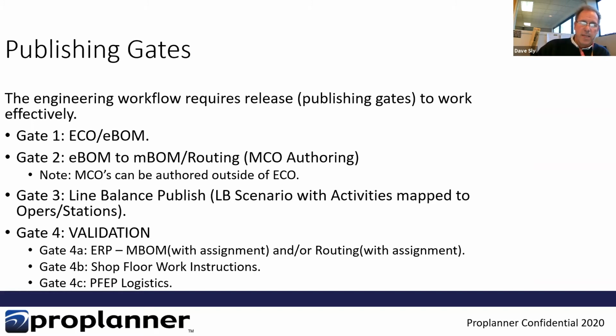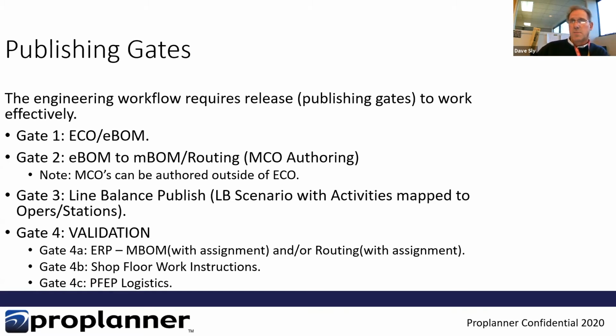So we've identified some key gates here. The gate where we receive the product data, the ECO, the engineering change order, and the EBOM. The gate where we link the process, generate the MBOM, and start defining the process to make it. Gate 3, where we start relating the process to people and tools and stations, the line balancing phase, the scenario development phase.